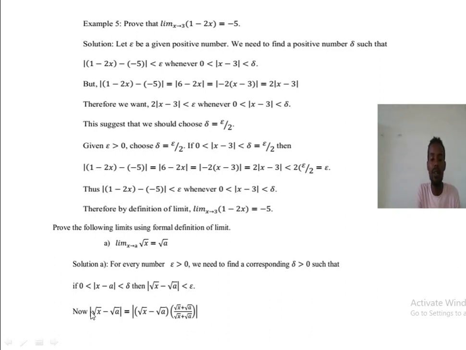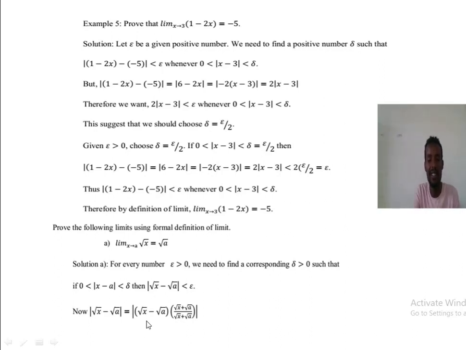Now, by rationalization, we have the square root of x minus the square root of a, times the square root of x plus the square root of a, over the square root of x plus the square root of a, since this is 1, isn't it? So we simply multiply the square root of x minus the square root of a by 1.